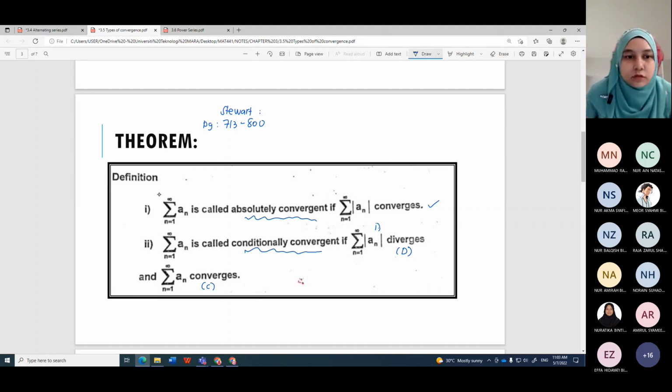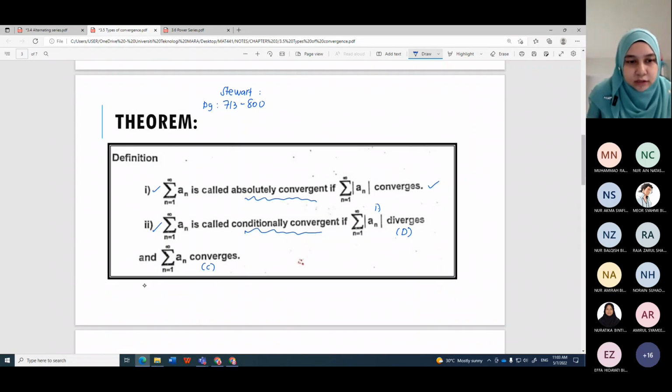You perlu take note lah kat sini. If converge, so they absolutely converge. Okay, if diverge, then kita perlu proceed another test. Then diverge, converge, so they conditionally convergent. Sebenarnya ada lagi satu ni kat sini, boleh tambah lagi satu lah.